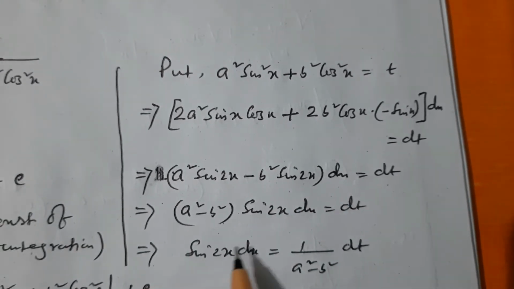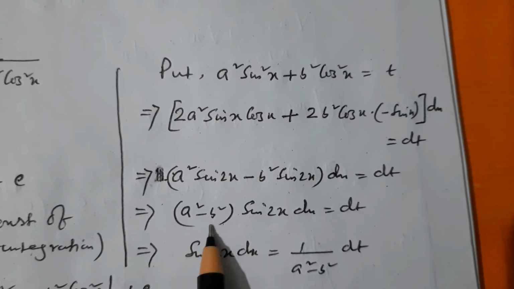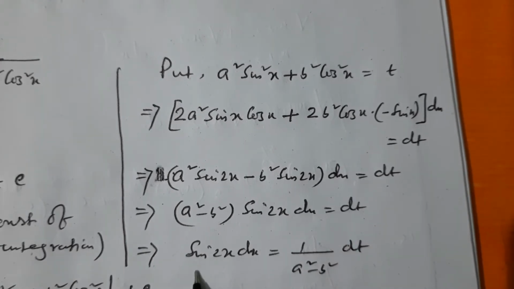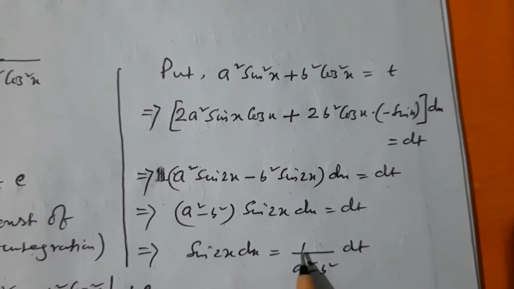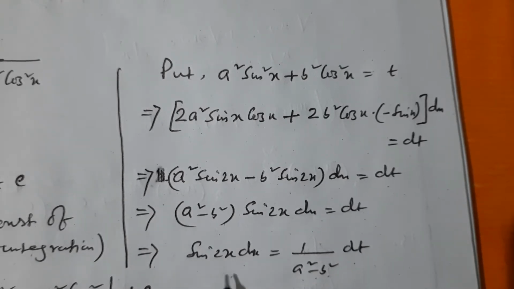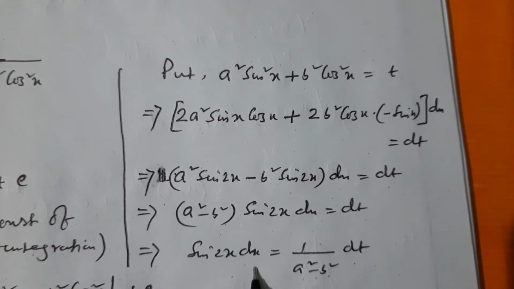Take common sin 2x, we get a square minus b square dx equals dt. This implies that sin 2x dx equals 1 by a square minus b square into dt, and we substitute the value of sin 2x dx in the given integrand.